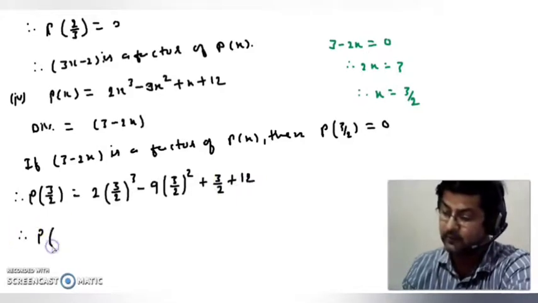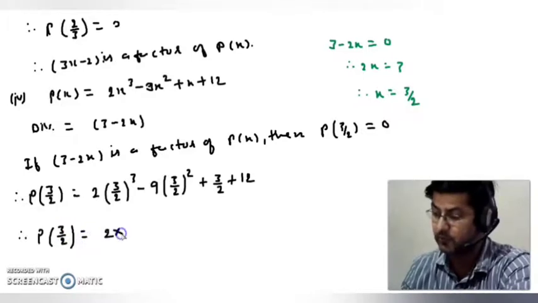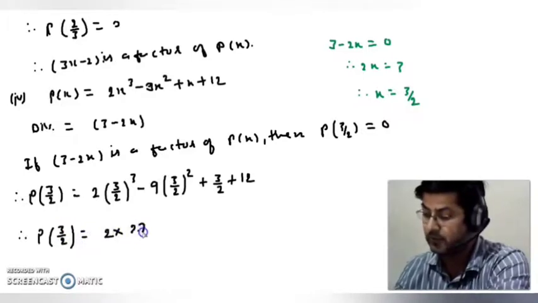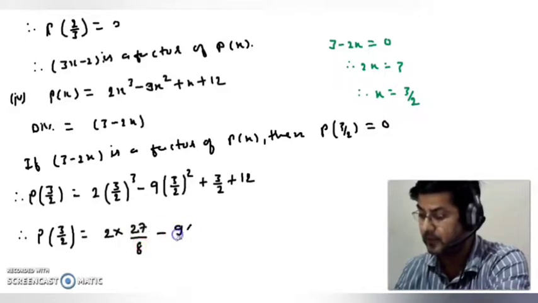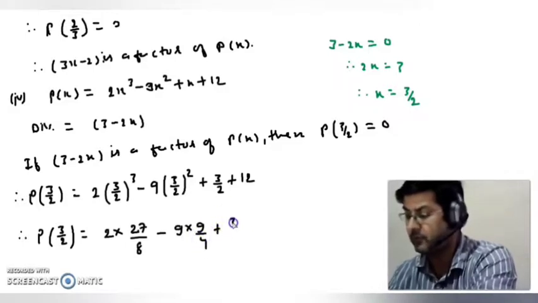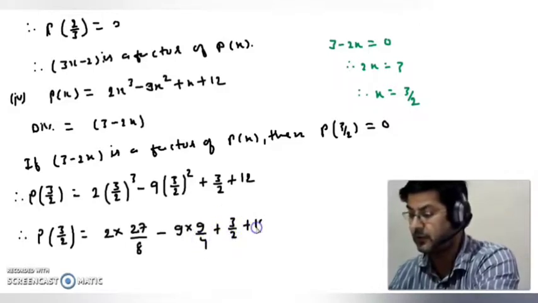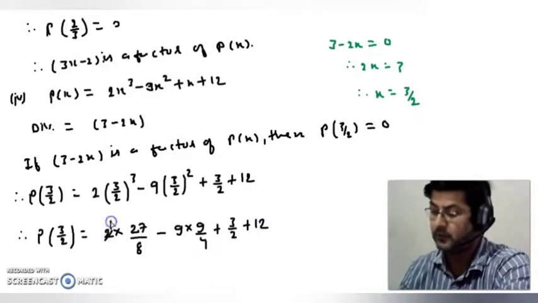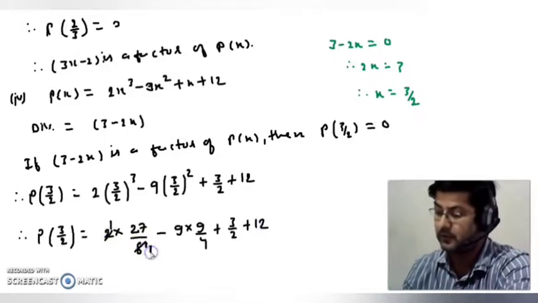Therefore, P of 3 upon 2 is equal to 27 by 8 minus 9 into 9 by 4 plus 3 by 2 plus 12. Okay, 2 fours are 8.